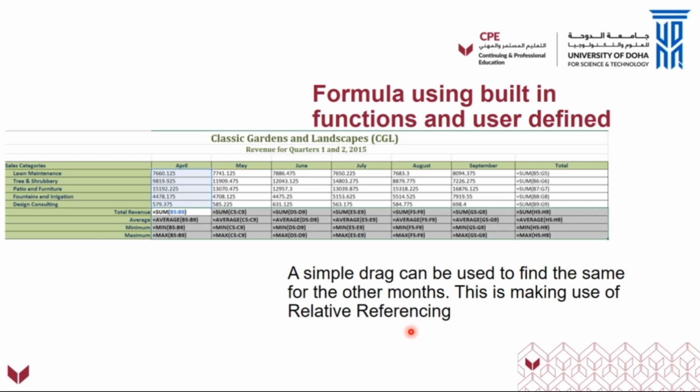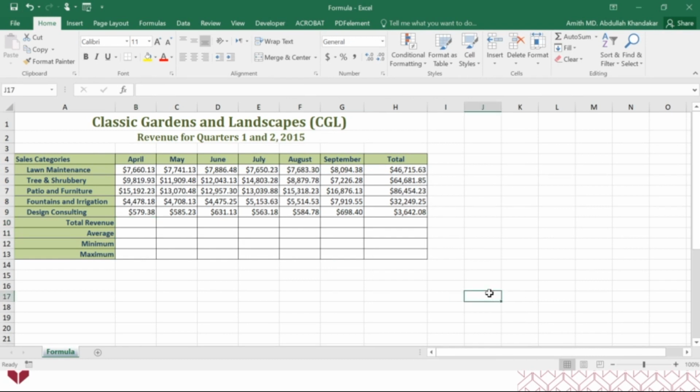Moving ahead, as we have seen earlier, we can use functions, built-in functions or user-defined functions to do our operations. Now, we will see one more feature that is available in Excel and can be useful for quick actions.